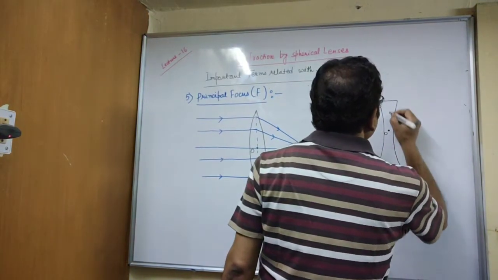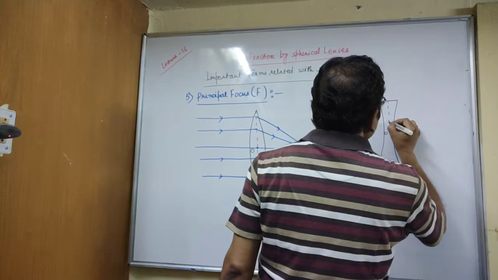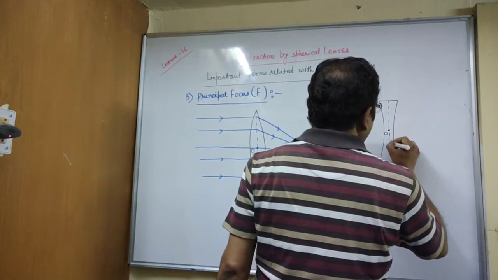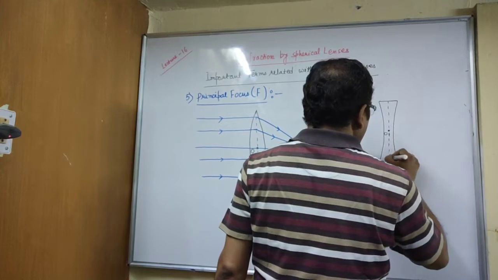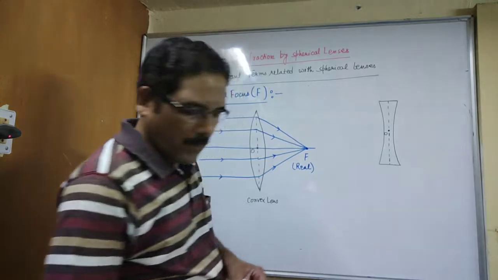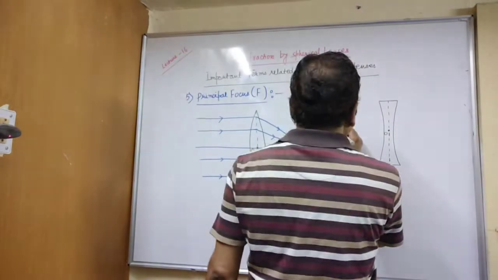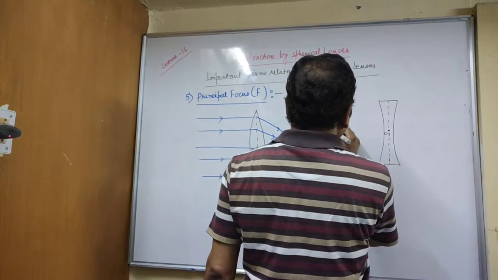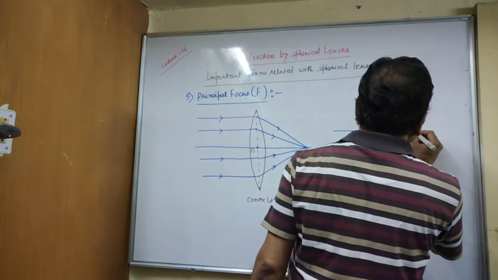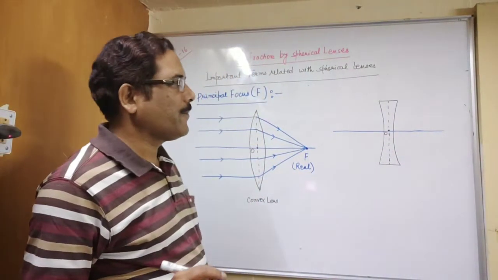This point is the optical center. Then draw the aperture with dotted lines like this. Then draw the principal axis, a horizontal straight line passing through the optical center of the lens like this.